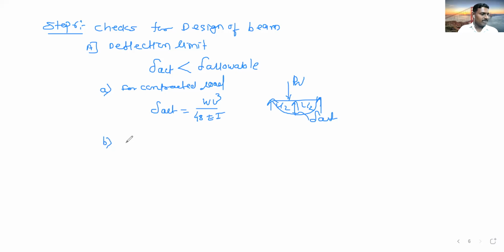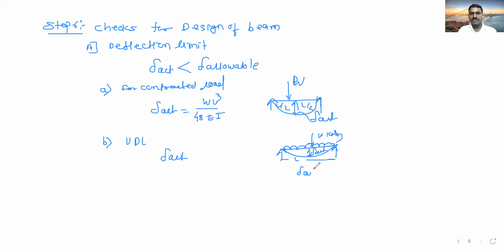Then small b, if UDL is there, what is delta? This is the deflection, this is your delta actual.